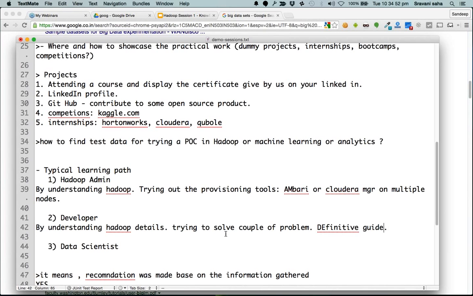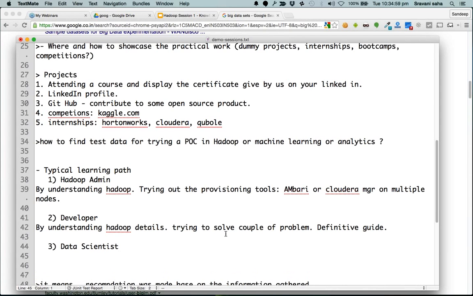Those are good. Or, my self-promotion, you can attend my course. And with respect to data scientist, the path is actually complex, and you can start with scikit-learn. Scikit-learn is a good starting point.